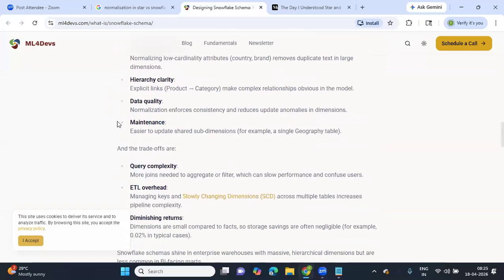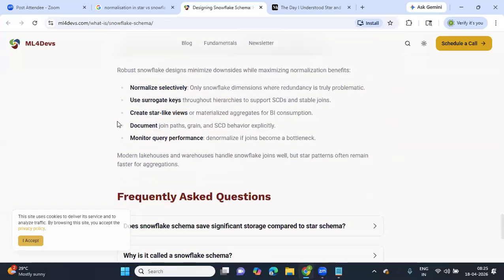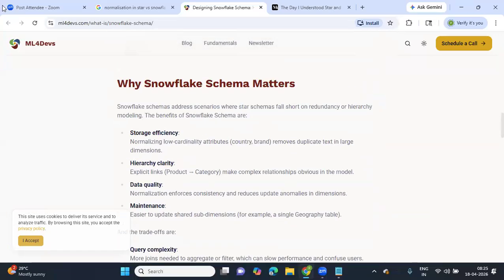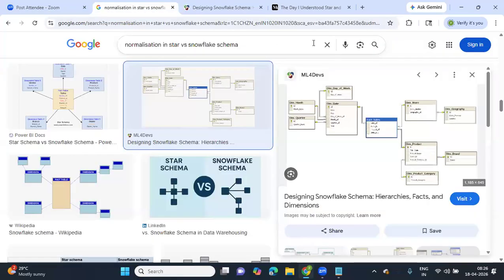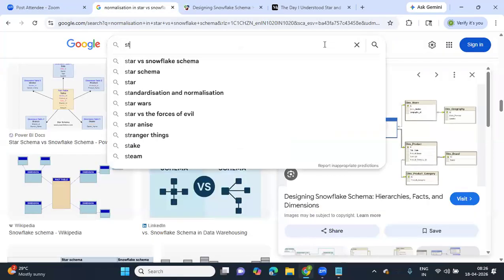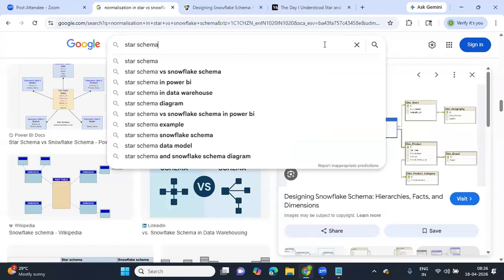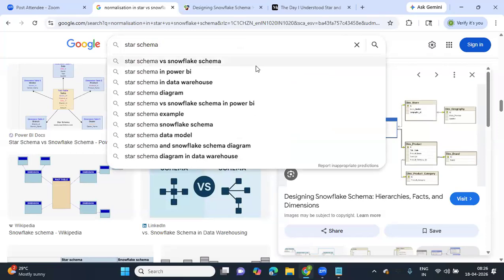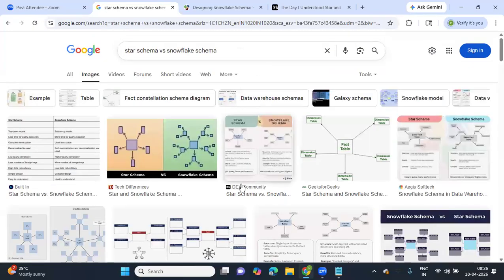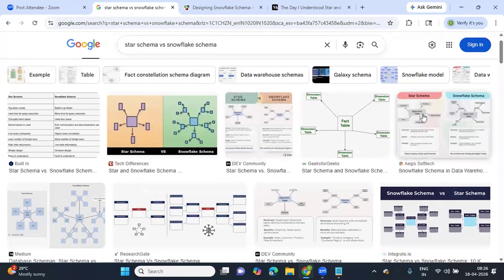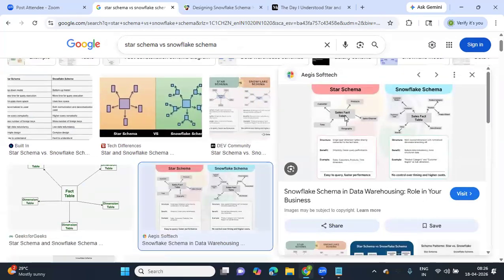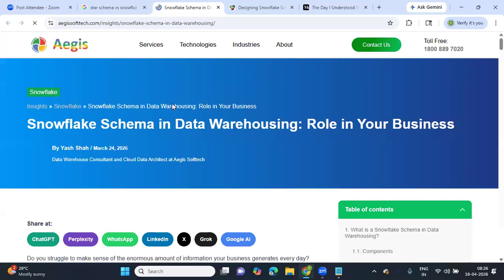This is the snowflake schema. I think they have not given a diagram. Let's see. Star schema. Okay, let's see this.